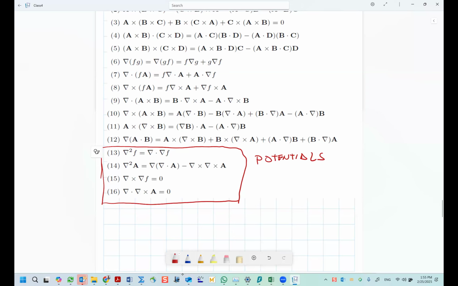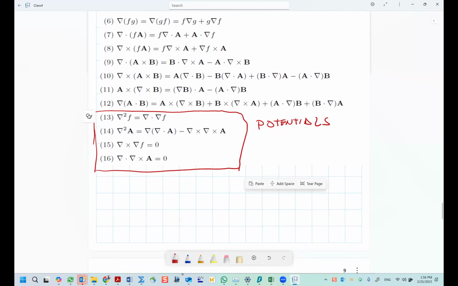In most electromagnetic 2D problems, potentials are useful.